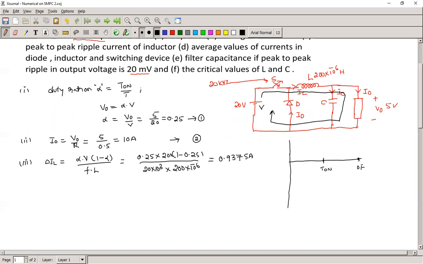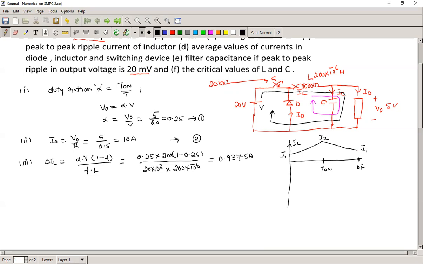In this interval, the current increases from the minimum value I1 to the maximum value I2. This is the inductor current wave. When the switch is off, the current is freewheeled through the diode. In this interval, the current decreases from I2 to I1, because we are assuming continuous inductor current.